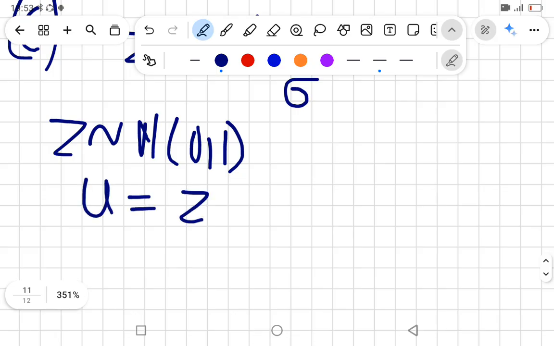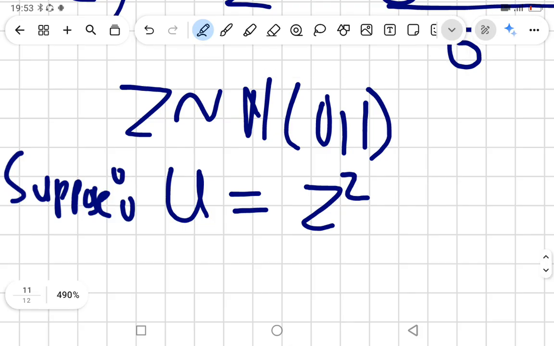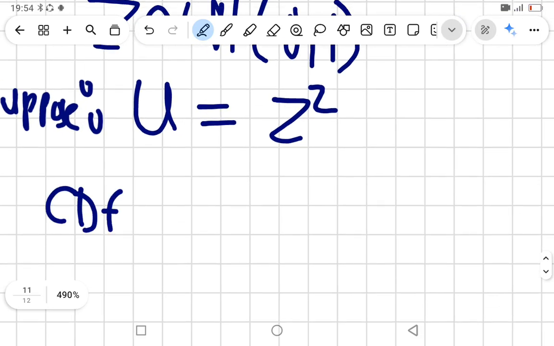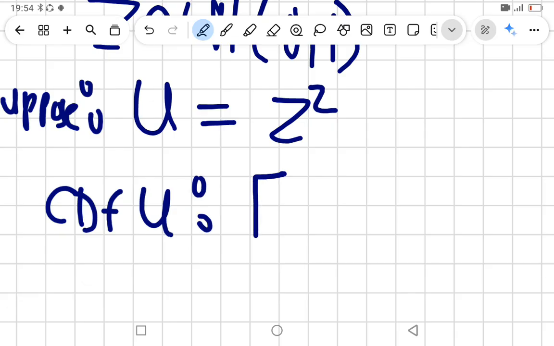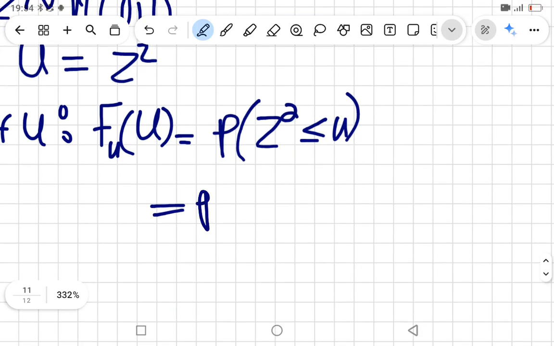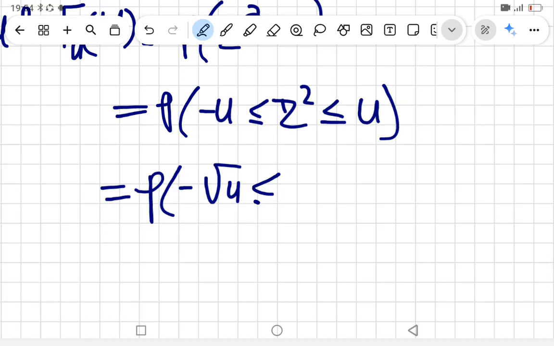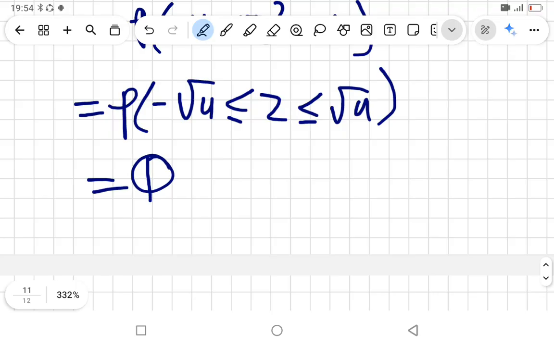So suppose U is equal to Z squared, so the CDF of U, which will be F of U, will be equal to the probability of Z squared less or equal to U. Then you'll get probability of negative root U up to root U. Then we can say I have a new function, then we just change this.